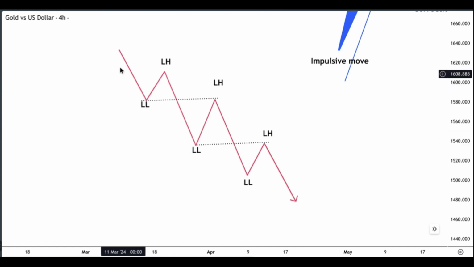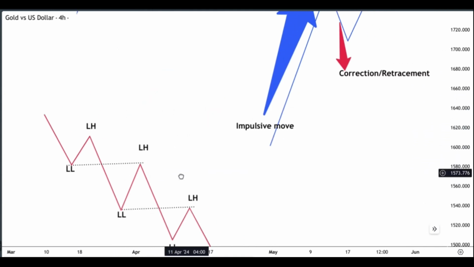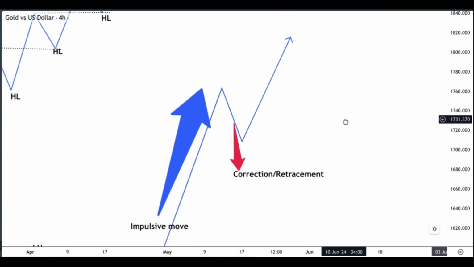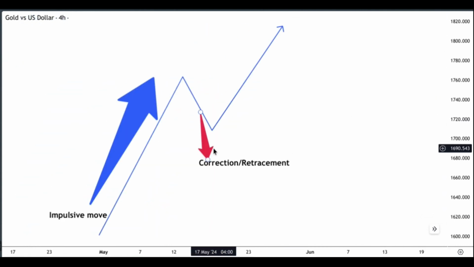That's what we call an impulsive movement and a retracement or correction move. Let me try and explain that here, and I hope you're going to understand it. An impulsive move should be in the direction of the trend. So assuming we established the direction of our trend to be an upward or bullish trend, this is what an impulsive move would look like.